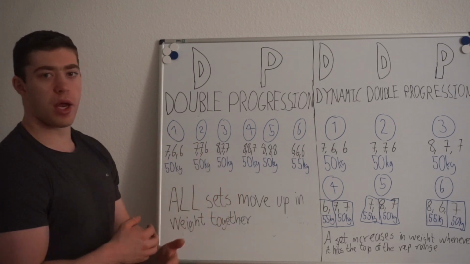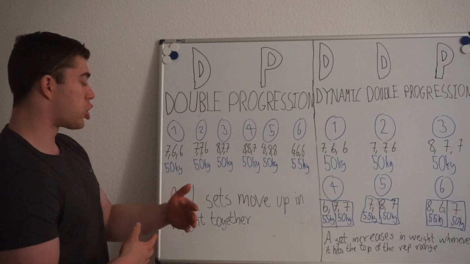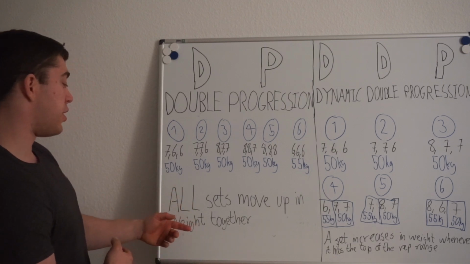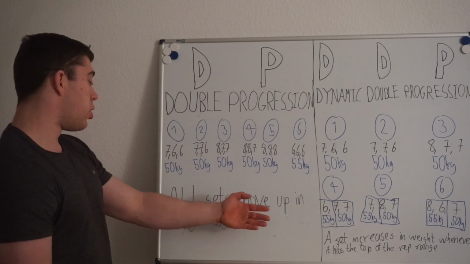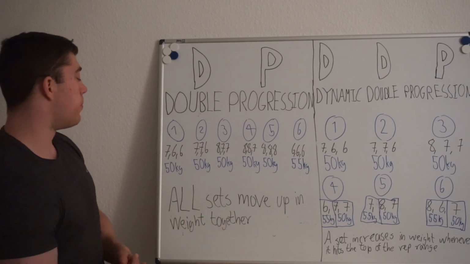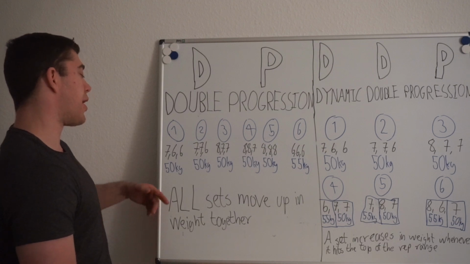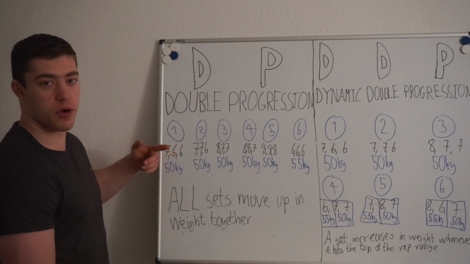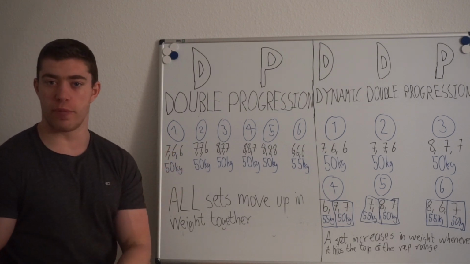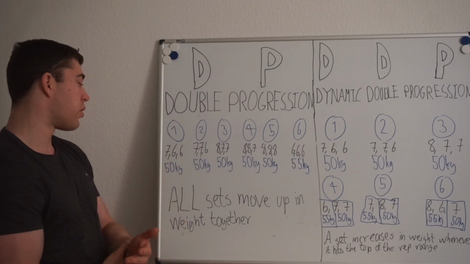So if we start quickly recapping double progression, what we are doing with double progression is that, as I've written down here, all sets move up in weight together. So let's say you're having a rep range with a fixed weight, and you start out doing 7 reps in the first set, then 6 reps in the next, and 6 reps in the last set as well.